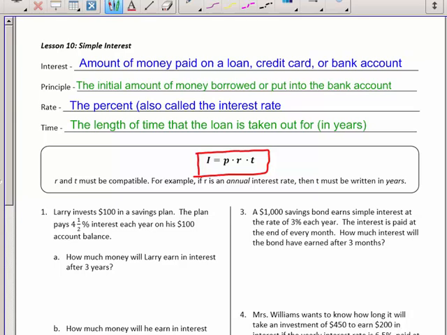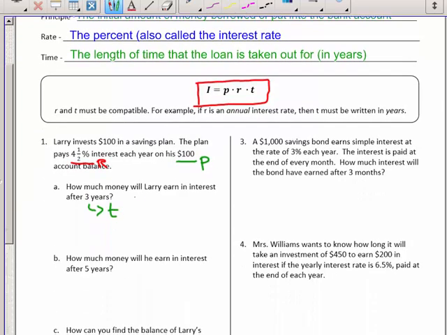So Larry invests $100 in a savings plan. The plan pays 4.5% interest each year on his $100 account balance. How much money will Larry earn in interest after 3 years? So here's our rate, here is our P, our principal, and our 3 is our T. So we're going to start by doing our formula, I equals PRT.